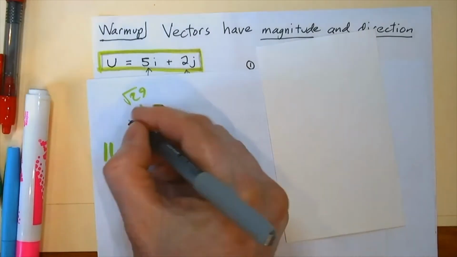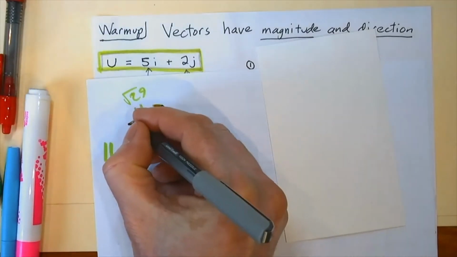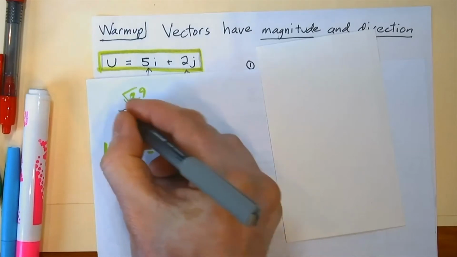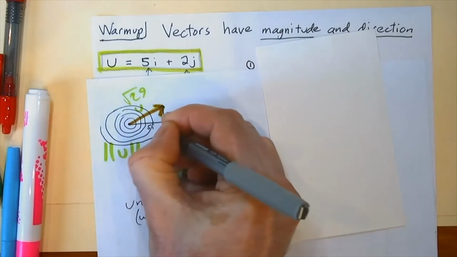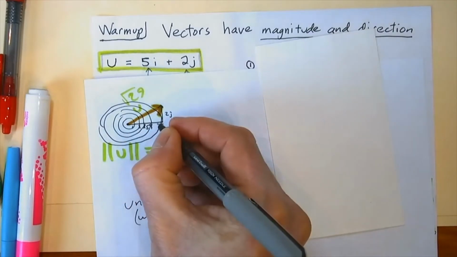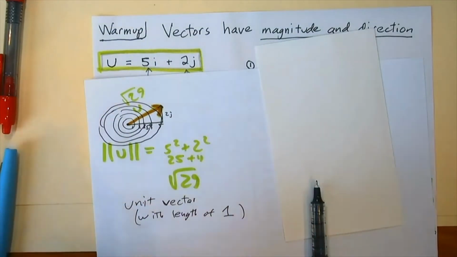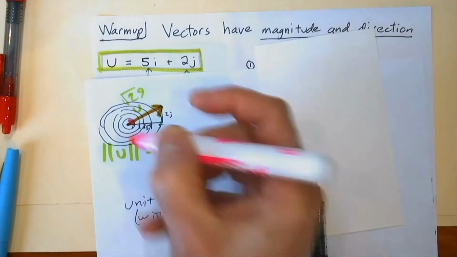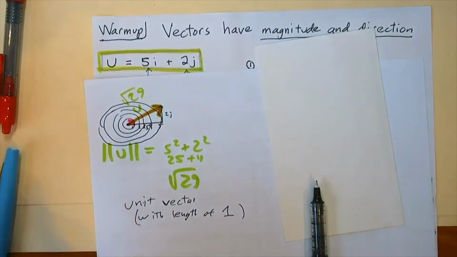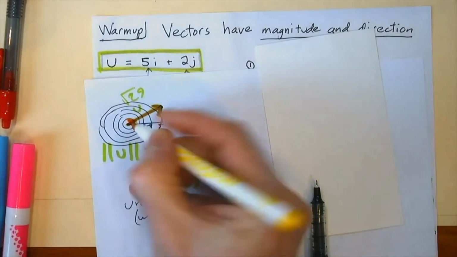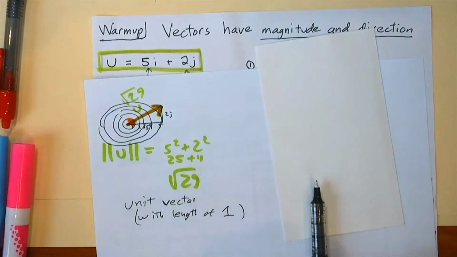Imagine you had the unit circle, or polar graph paper, 1, 2, 3, 4, 5, because this was over 5. What if I said I want the vector to only go just a tiny, tiny bit? If you just want the vector to go a distance of 1, what vector is that?